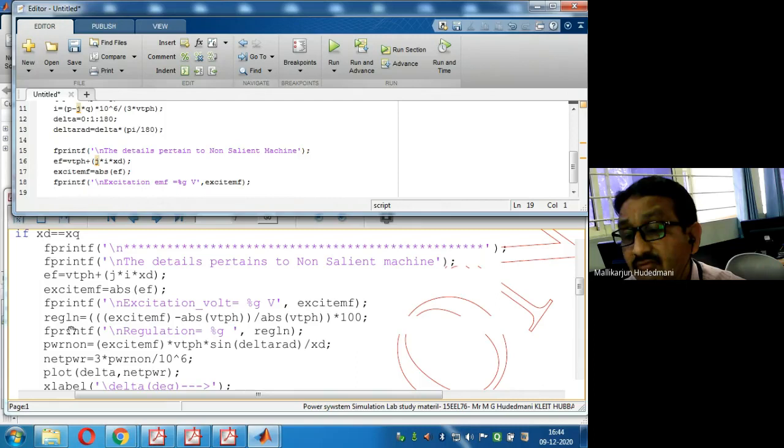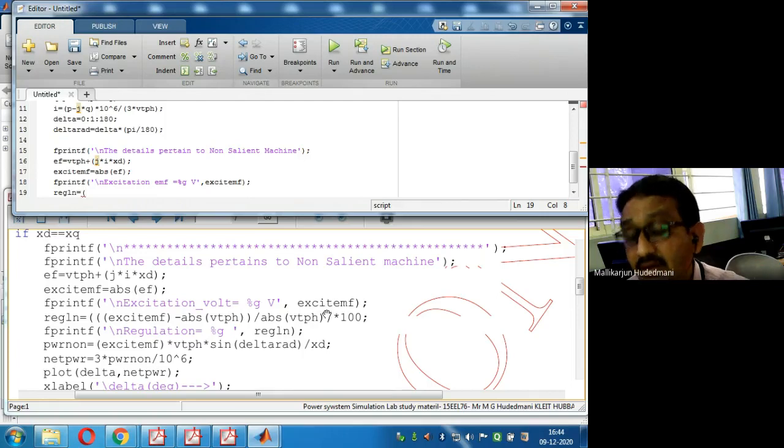Excite EMF. Now I wanted to calculate regulation. REGLN, some short form I used. Regulation equal to difference in voltages. So that's difference. What I will do? A bracket. See here, the number of open and close parentheses should be properly utilized.